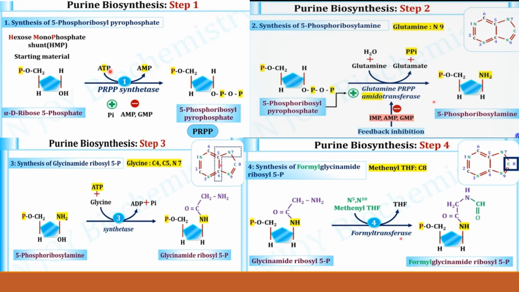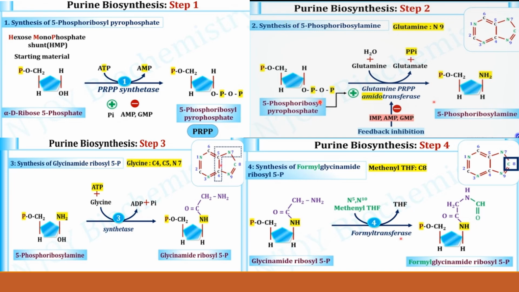The two phosphate groups that are removed from the ATP get incorporated at position 1 of ribose 5-phosphate, and the resulting compound is called 5-phosphoribosyl pyrophosphate, also called PRPP. This reaction is catalyzed by the enzyme PRPP synthetase.